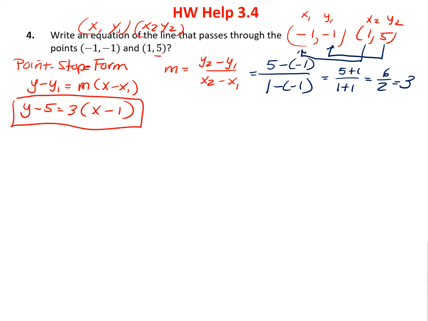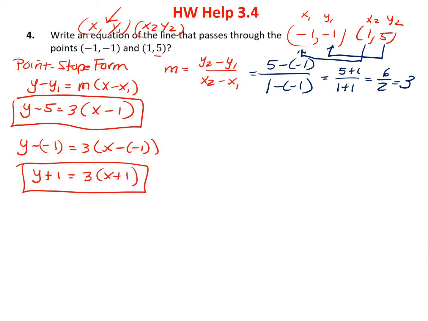I could also use the other point: y minus -1 equals 3 times x minus -1. Change these to pluses, and I get y plus 1 equals 3 times x plus 1. So that would be another possible answer. Those would be our two answers in that form.